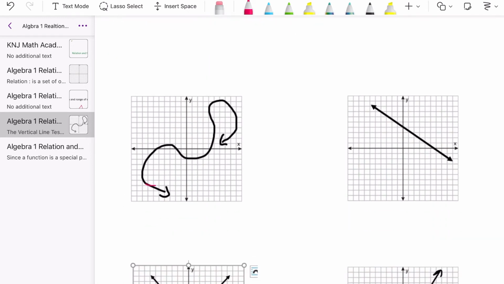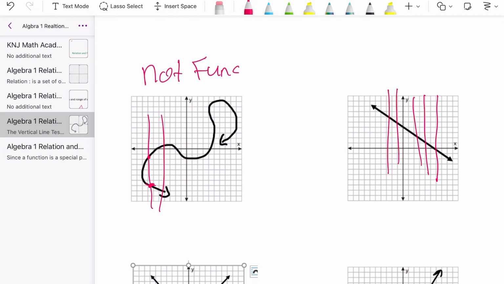So let's start with the first one. If you come over here and make a vertical line, I need only one to determine. So here I have two points, so that is not a function. If I move to the other one, if you make any vertical lines, in all vertical lines the intersection is only 1 point, so this is a function.